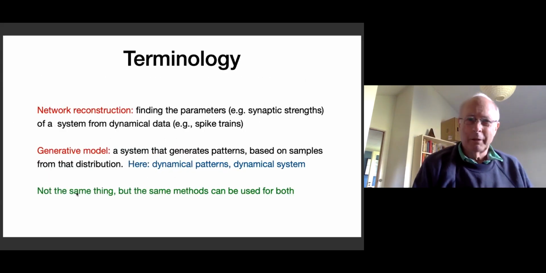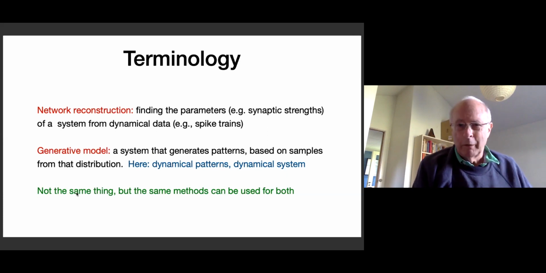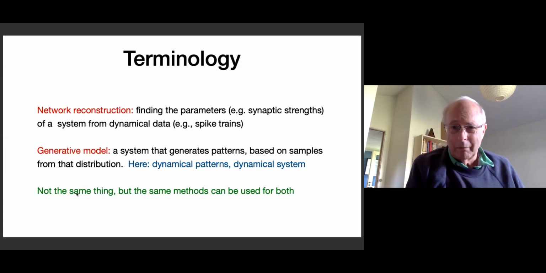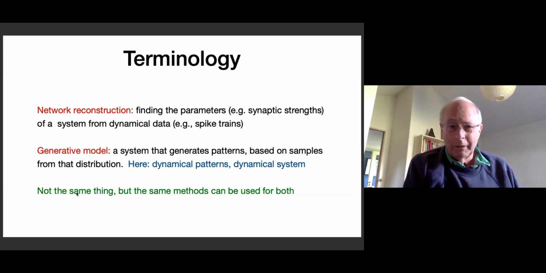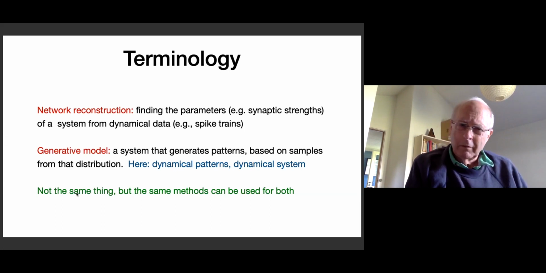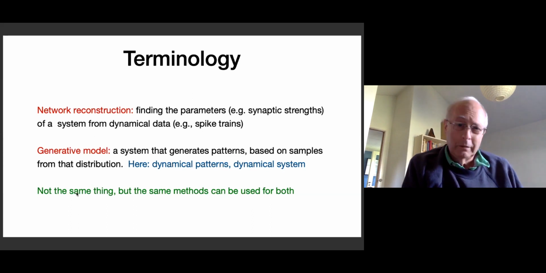So just to get the terminology straight, for network reconstruction, what we mean is we have some system and we're trying to find the parameters of that system, like say, synaptic strengths, if it's a neural network, from dynamical data, like spike trains. For a generative model, you might have the same model, but you're using it for something else, right?